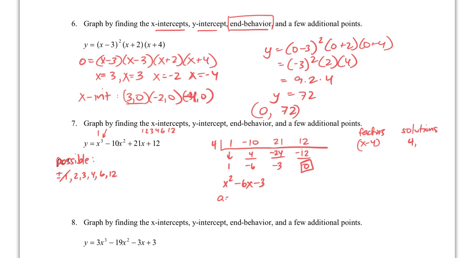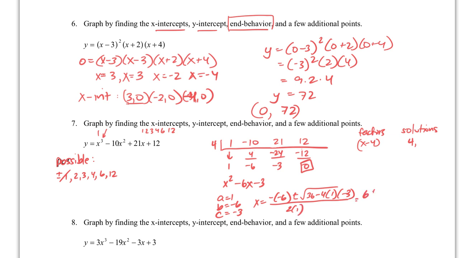So I know I have an a of 1, a b of minus 6, and a c of negative 3. So x equals the opposite of b plus or minus the square root of b squared minus 4 times a times c, all over 2 times a. So what does that become?